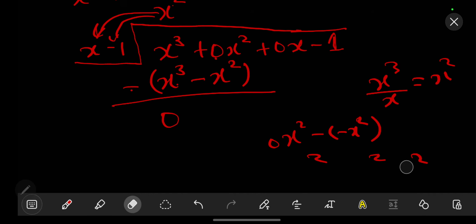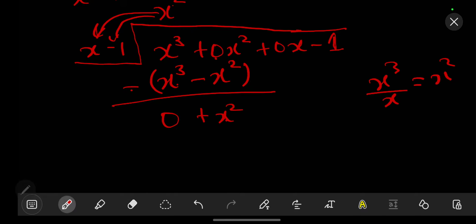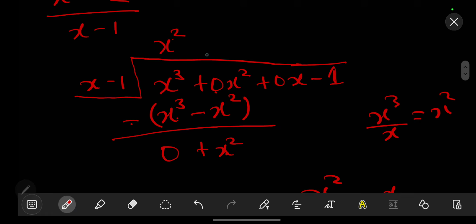So we are going to get a positive x squared. Get this value and divide it by this one. What are we going to get? x squared divided by x, we are going to get x. So we write the x here, so we have plus our x. Drop the 0x there, then multiply here.